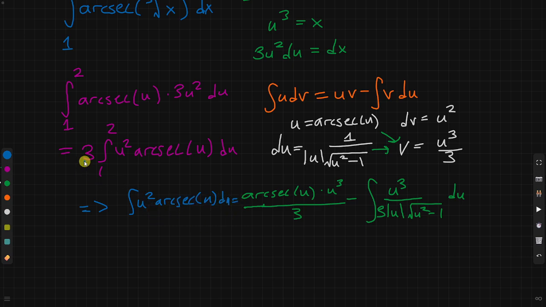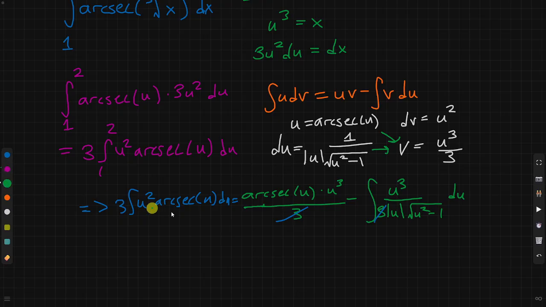But we want 3 times this integral, not just this integral. So let's multiply both sides by 3, and multiplying something divided by 3 is just going to cancel. So I'm just going to write a slash there, and then multiplying by 3 here, we have a 3 in the denominator, so that's also going to cancel.